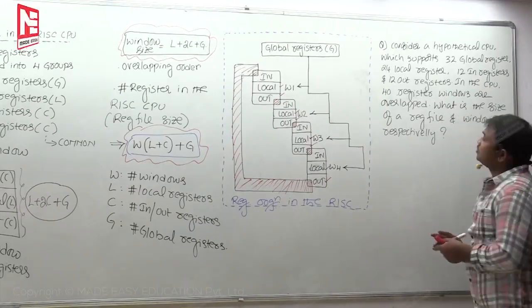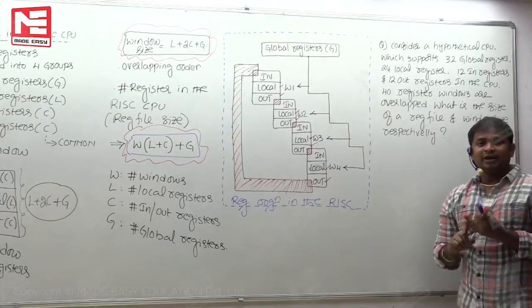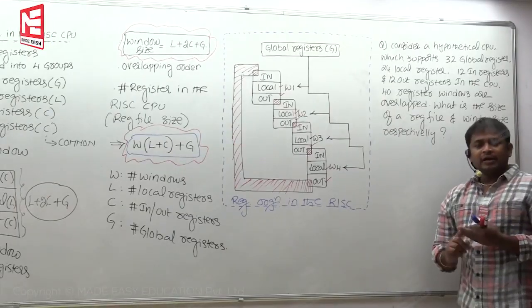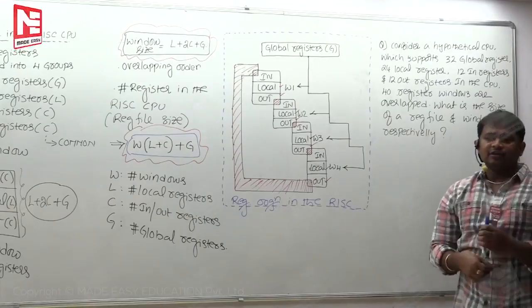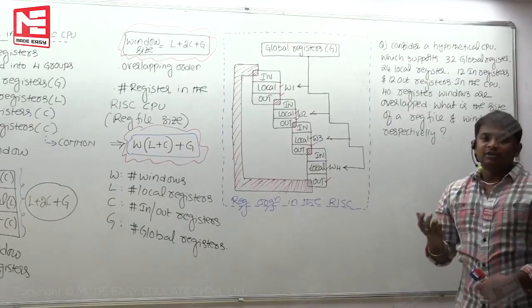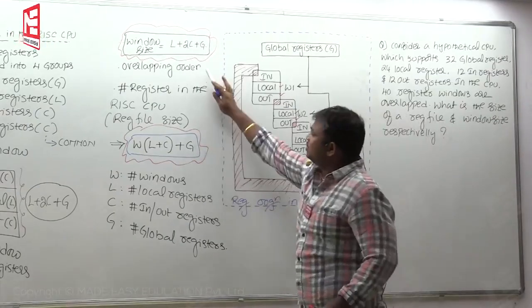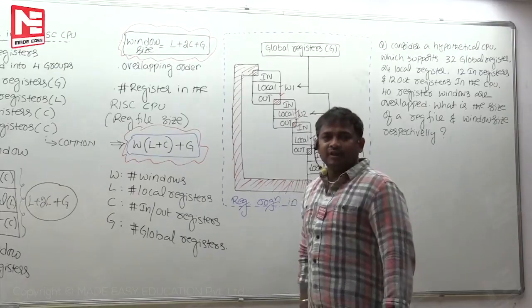This is the question. So CPU characteristics are given: G value, L value, C value, and the number of windows are also given. We need to find out the file size and window size. So when the characteristics are given in the question, just remember the formulas. When we remember the formulas, we can directly substitute the data to answer the question.